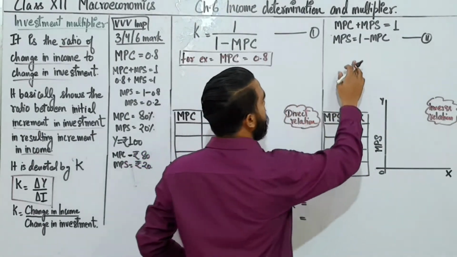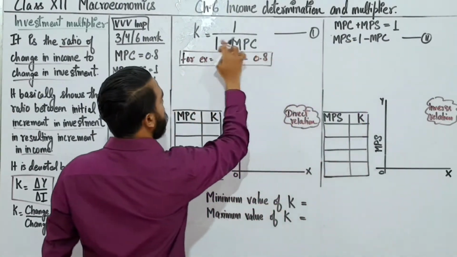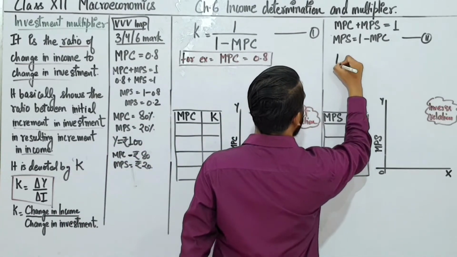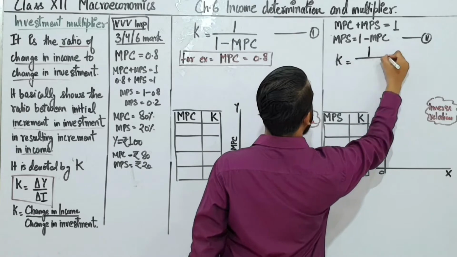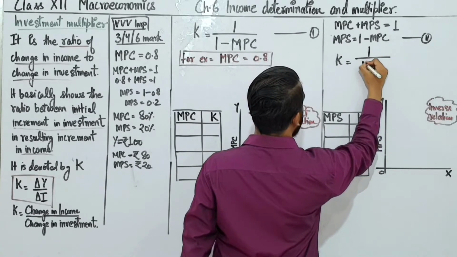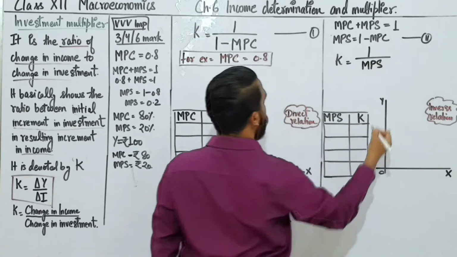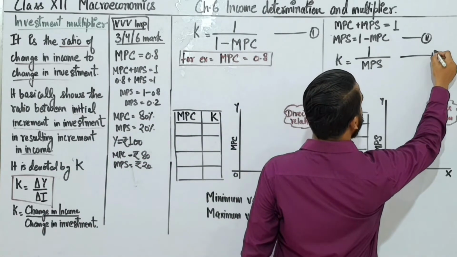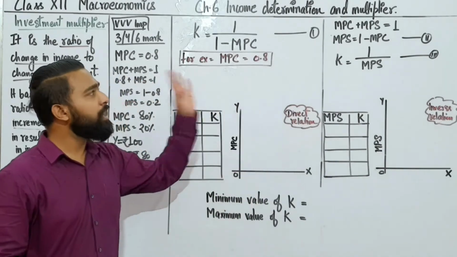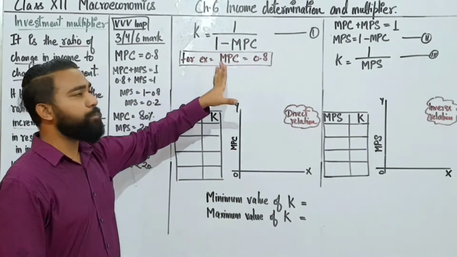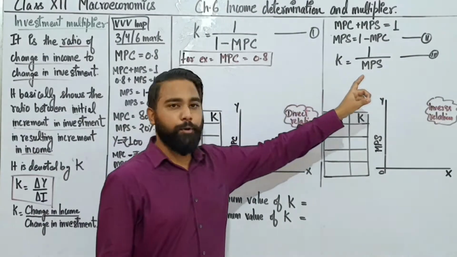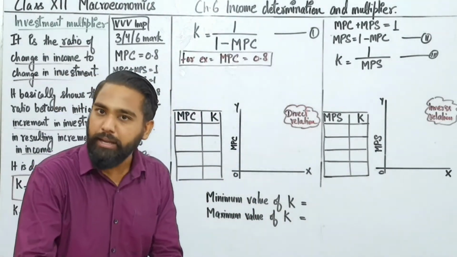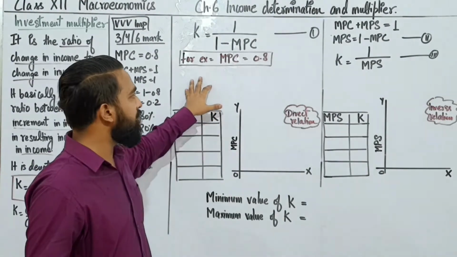So 1 minus MPC can be written as MPS, and K is equal to 1 upon MPS. That is your second formula. There are two formulas, 1 upon 1 minus MPC and 1 upon MPS. Both give the value of investment multiplier. I hope you have understood it.